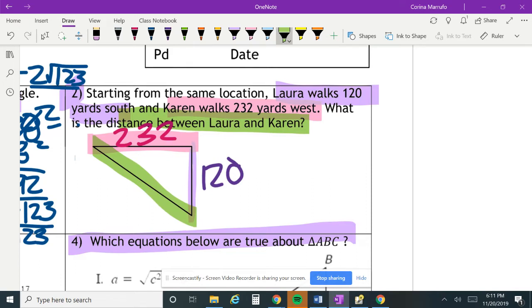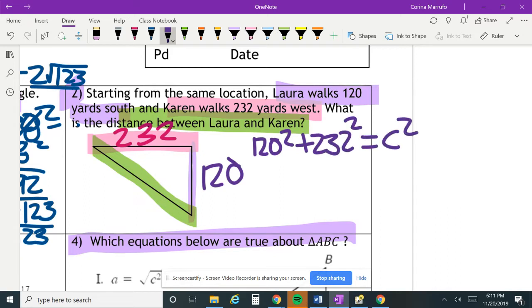So we're going to do the same thing. Because this is a real world problem, we can go ahead and write this as a decimal. So it's 120 squared plus 232 squared equals c squared. 120 squared plus 232 squared gives us 68,224.